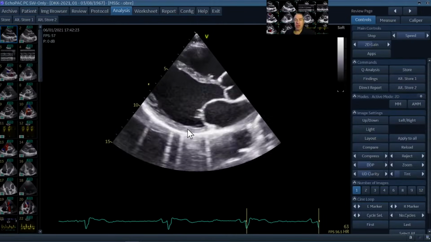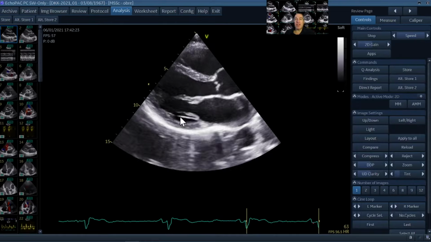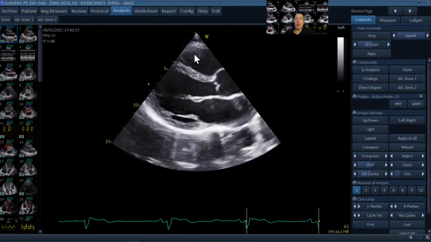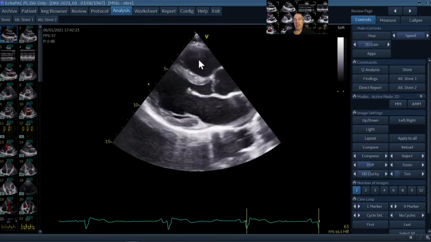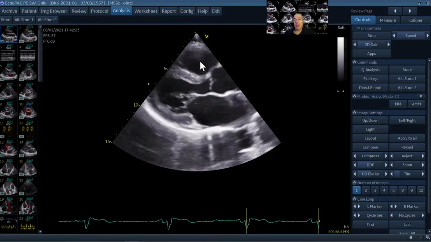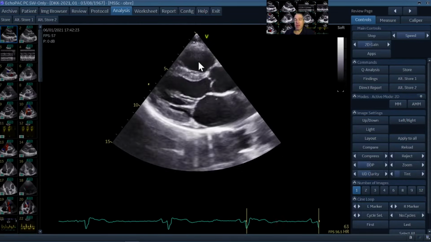In the parasternal long axis, always also look at the right ventricle. You want to check whether the right ventricle is dilated. So that's the first clue whether there is a problem in the right ventricle with dilation or hypertrophy.